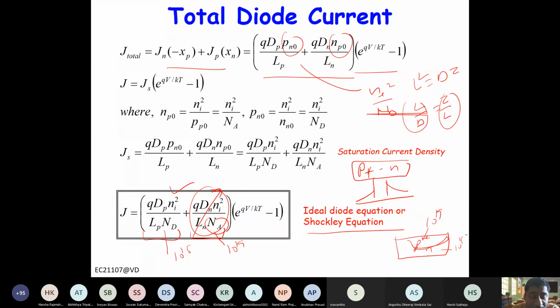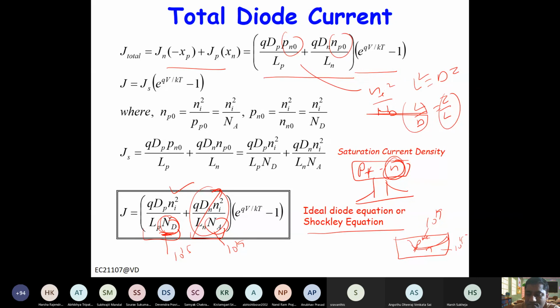The current will depend on the holes that are injected to the N side. Now, if you want to increase this current, what do you have to do? If you increase this doping, this current will reduce. So if you want to double the current, you have to decrease the doping on the N side. Either you double the doping on the P side, but that is not necessary. You can halve the doping on the N side and get the current doubled.